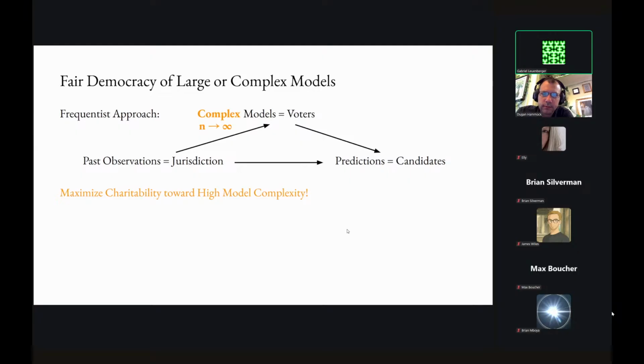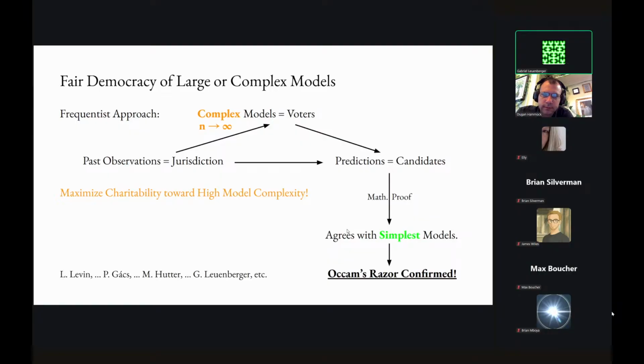And what comes out of this, remarkably, is that the democratic outcome will agree with the simplest models. And there's a mathematical proof for that that holds in general. And that pretty much proves Occam's razor. A whole bunch of people have produced the mathematics that led up to this. For instance, Leonid Levin invented the coding theorem, which was an important step a long time ago already. And then some other people also advanced this. So that should prove Occam's razor.